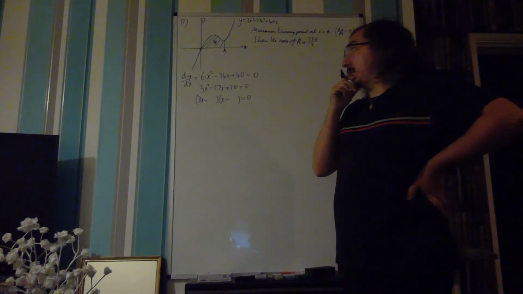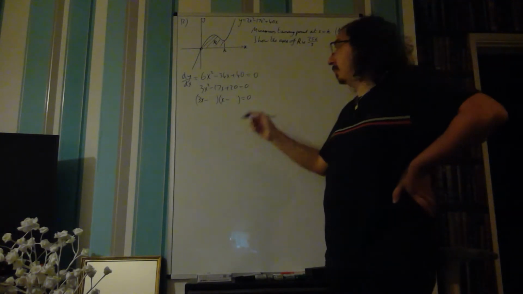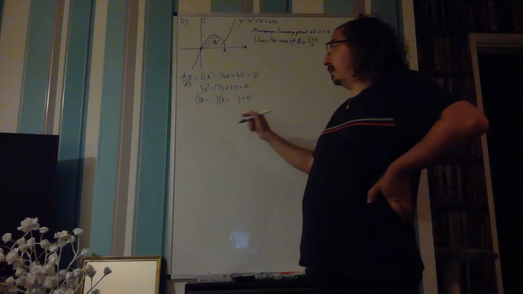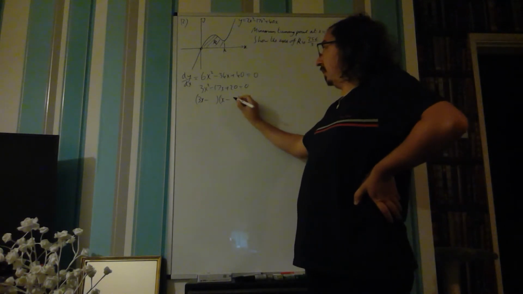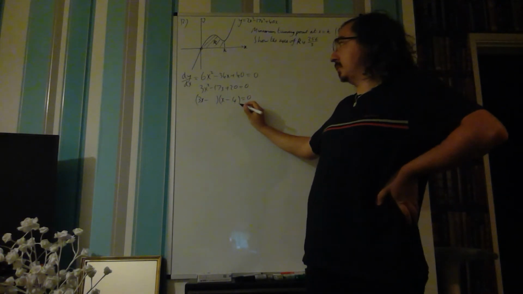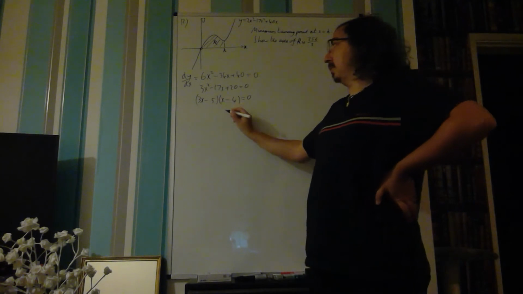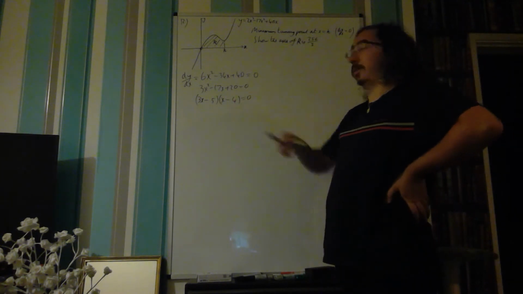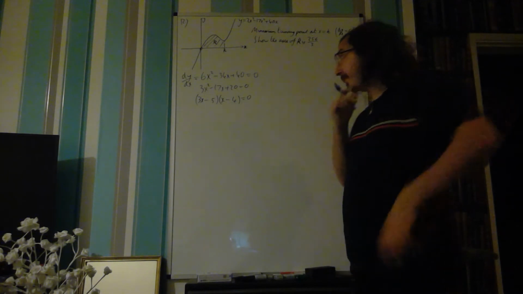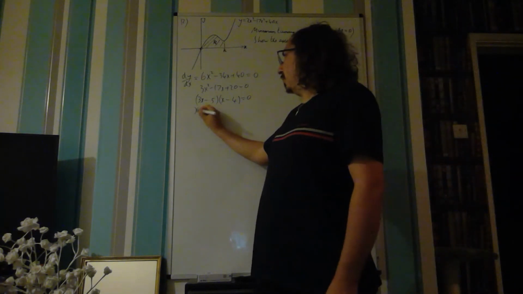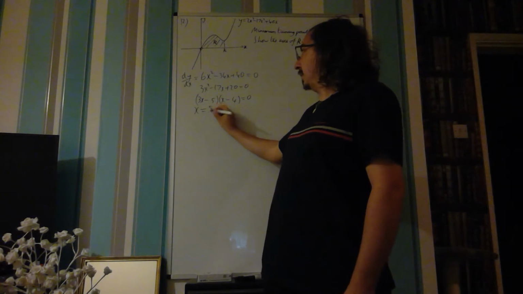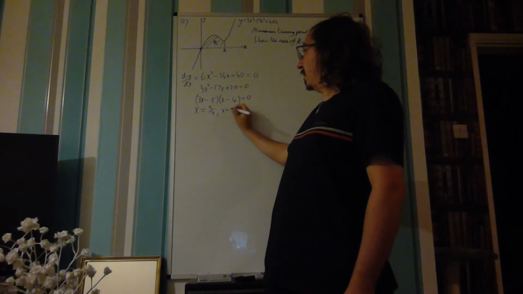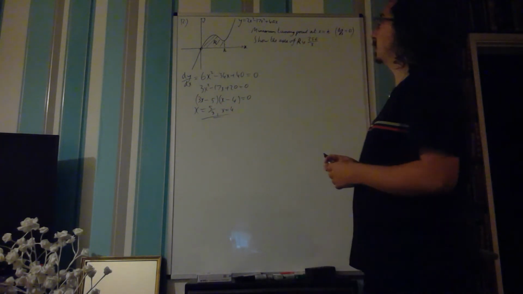We're going to need 5 and 4. So 3 times the minus 4 gets us minus 12, minus another 5x is minus 17x, and just checking, minus 5 times minus 4 is indeed plus 20. So solving that, we've got x equals 5 over 3, x is equal to 4.